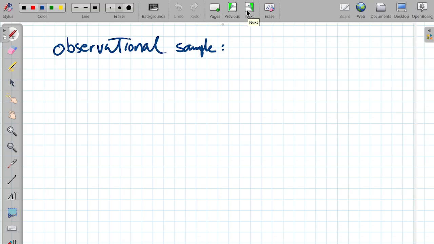What's an observational sample? Well, now what we're really getting at here now for this slide, the next one for sure, is how much hands-on do we want to get? Because for many things, if you are actively involved in the measuring process, it's highly likely that you're also affecting the process that you're trying to understand or study.